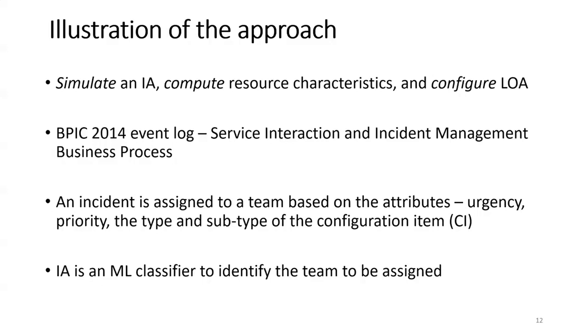The IA we are simulating is the agent that would identify the team an incident should be assigned to by considering the urgency, the priority, the type and subtype of the configuration item. The IA here is a machine learning classifier which identifies the team.